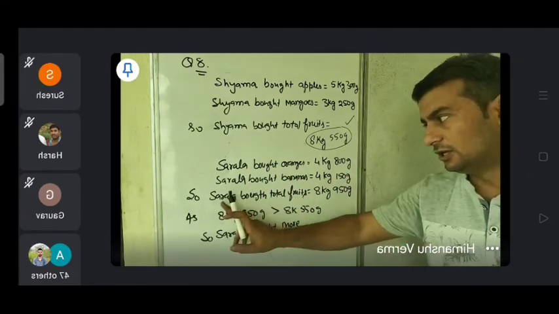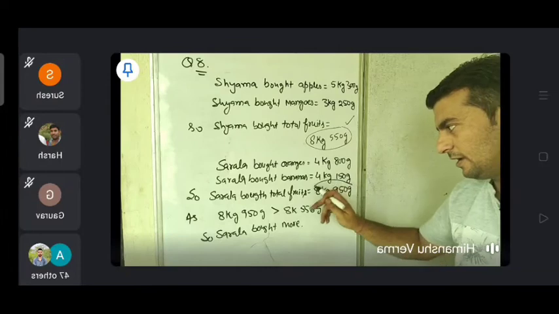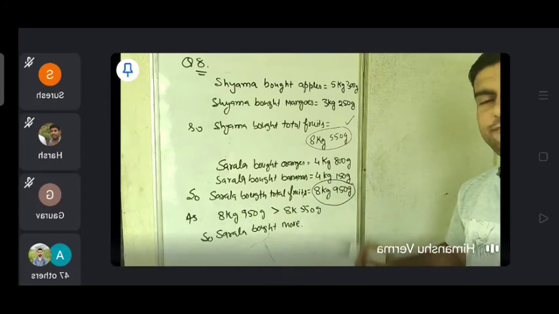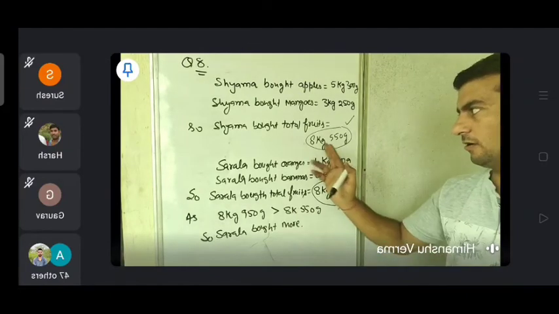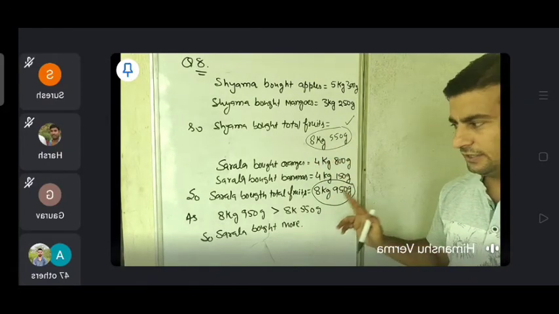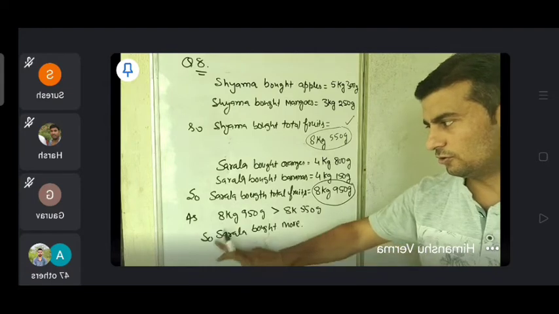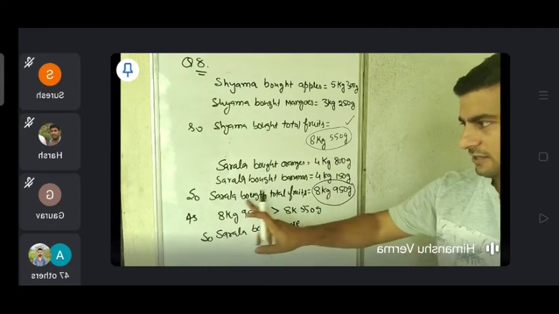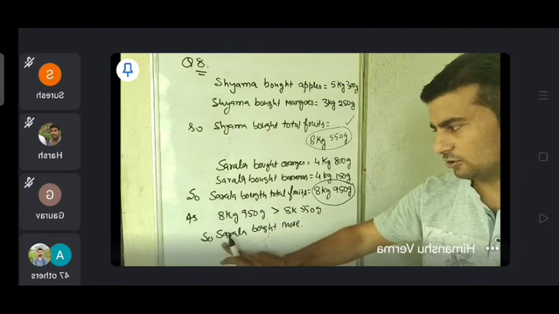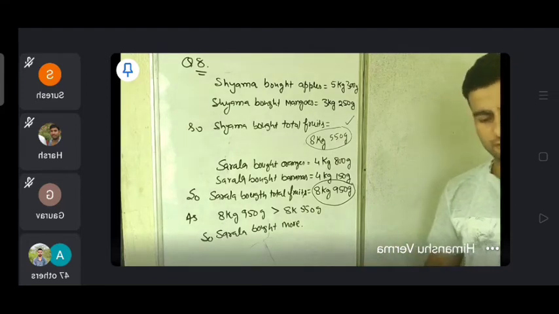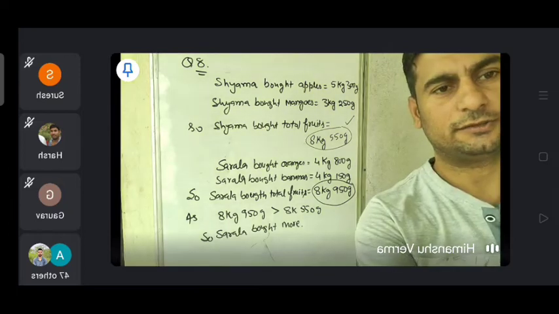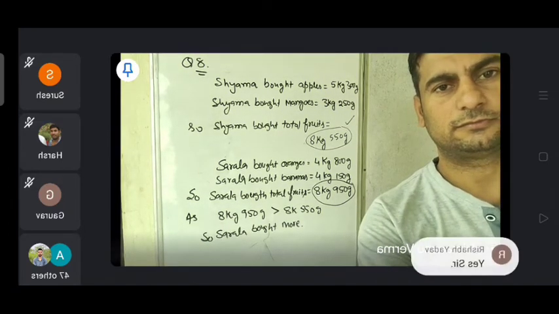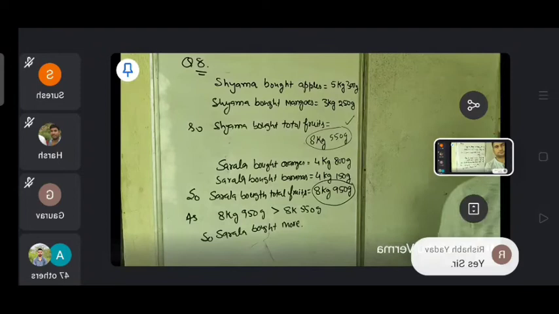So Sarla bought total fruits of 8 kg 950 grams. So which is larger, 8 kg 950 or 8 kg 550? 8 kg 950 is larger. So whose number is this? This is related to Sarla. So Sarla bought more. Okay. So this is your question number 8. Now come to the question number 9.